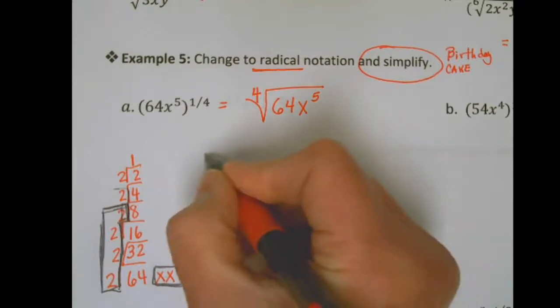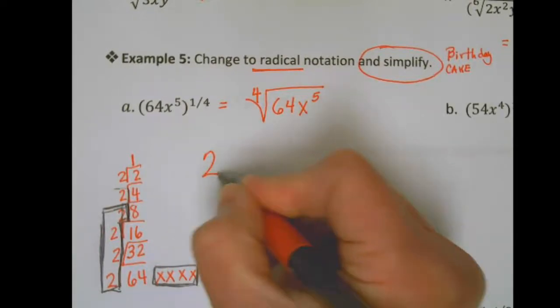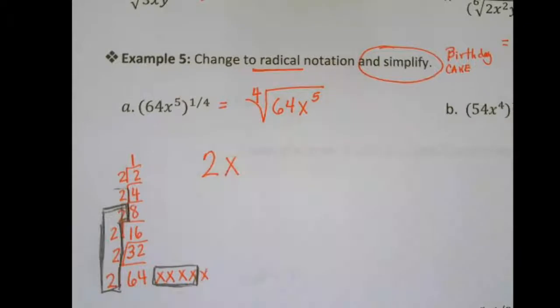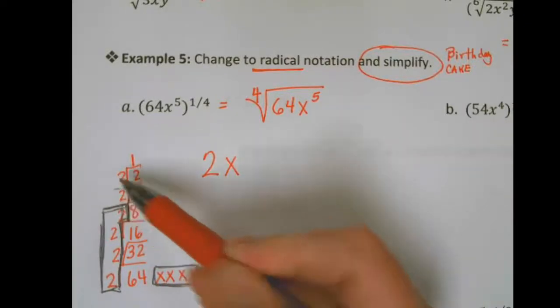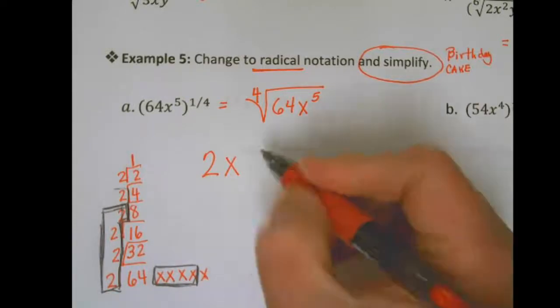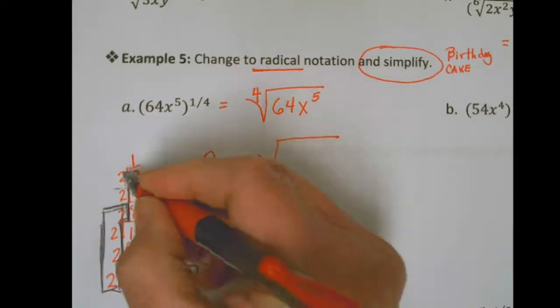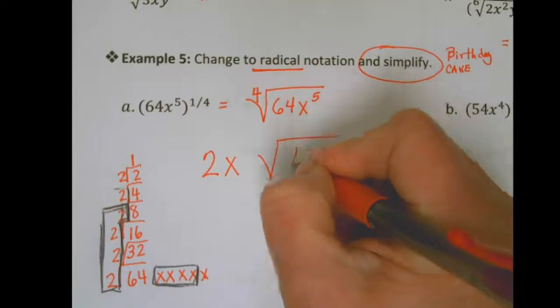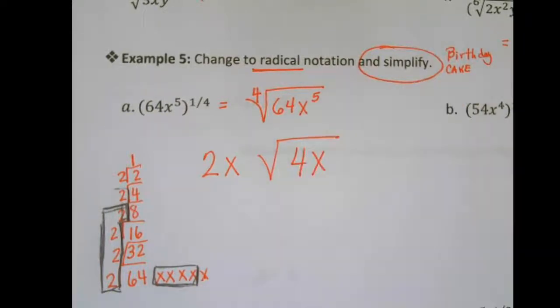I have a group of 2 and a group of x's. And what I have left over is 2 times 2 times x, which would make a 4x.